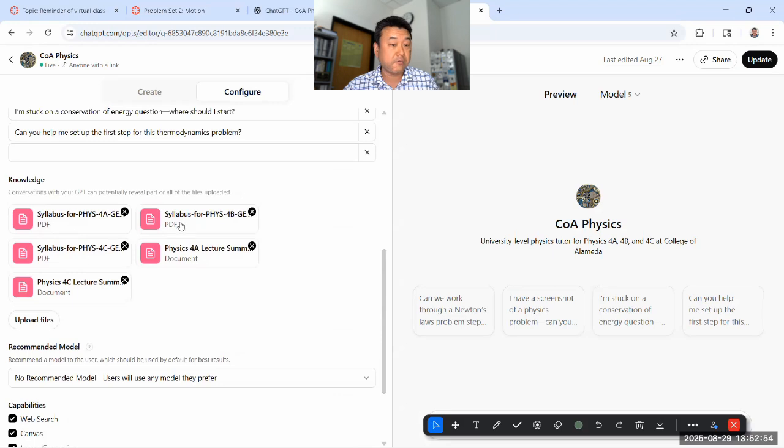It's got access to our syllabus, and lecture summaries, which you don't have access to, but if you want it, write to me. I'll give it to you with some caveats. They're really summaries meant for another instructor. They don't quite contain enough details for students to learn from. And I do need to add the Physics 4B summaries.